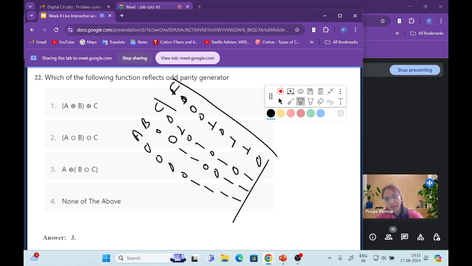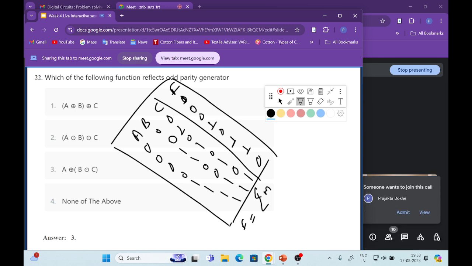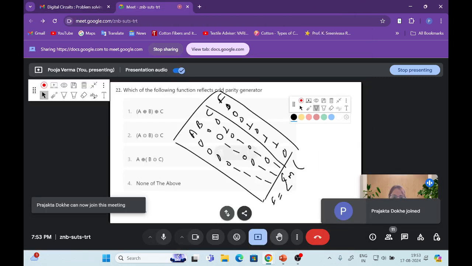Now we need to make a K-map in order to find out, or we can directly do it, K-map is not required. What will the function be if we want to represent it in minterms? What are the values we will get? Where ones are there, that we need to write.